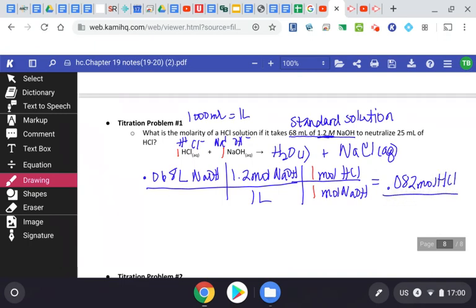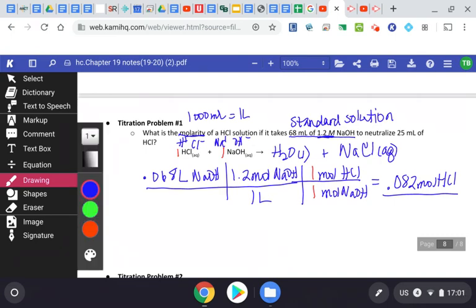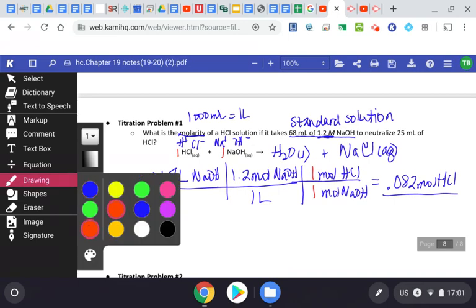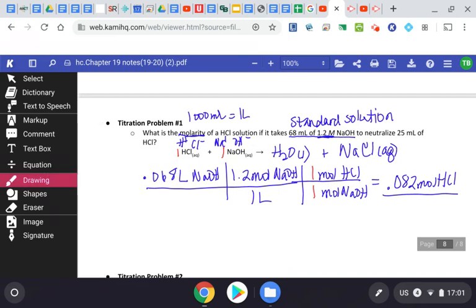Now, my goal isn't to find out how many moles of HCl I have. It's the molarity of HCl. So to get molarity, we said we have to take our moles of our unknown and divide it by the liters of our unknown. Well, I have 25 milliliters of HCl. That is the volume of my unknown.